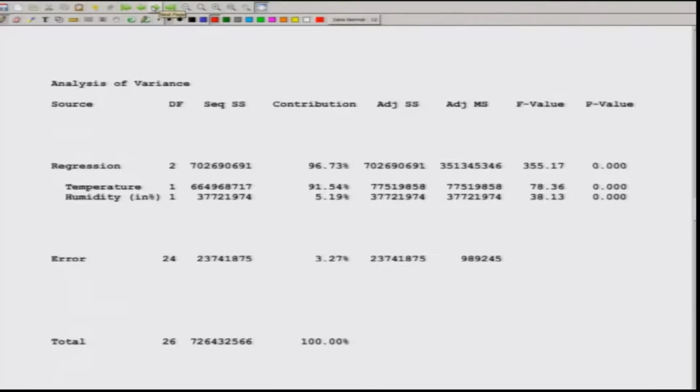Okay, so now let us try to concentrate on the other part, which is analysis of variance. So here degrees of freedom is denoted by df. So these are degrees of freedom, and here the software is computing another component, sequential sum of squares, and it is also computing the contribution of sequential sum of squares, which we have not covered in our lecture, but I will try to explain its importance over here.